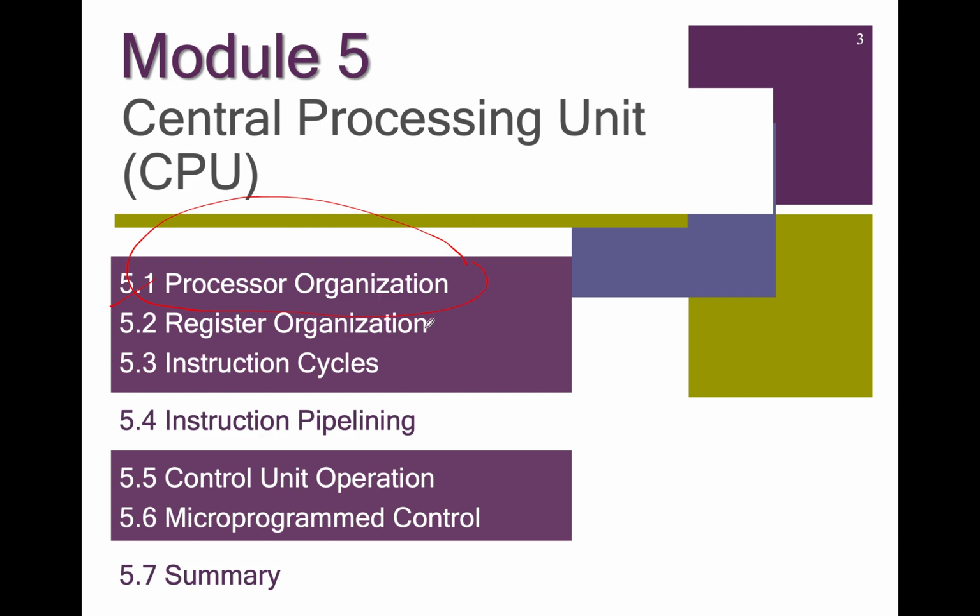Then we're going to learn register organization, instruction cycle, instruction pipeline, control unit operations, microprogram control, and lastly, of course, we're going to summarize all that we have learned throughout our module 5.